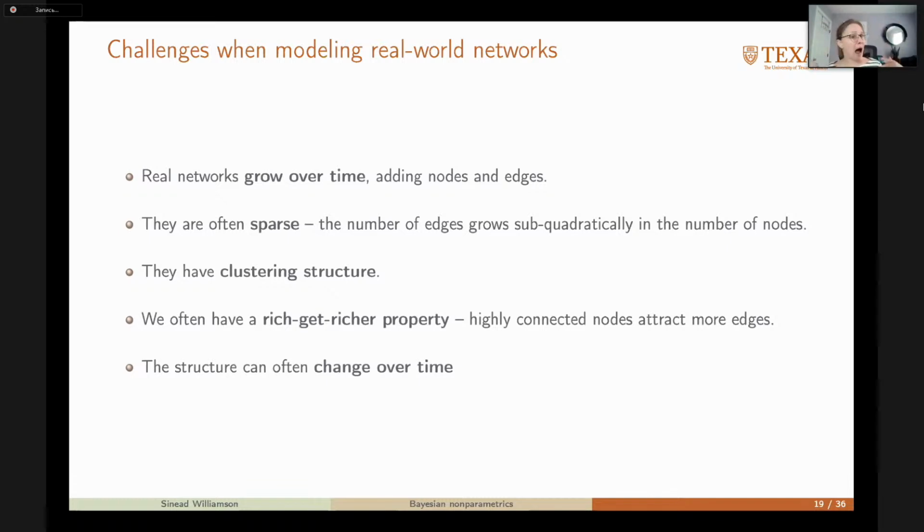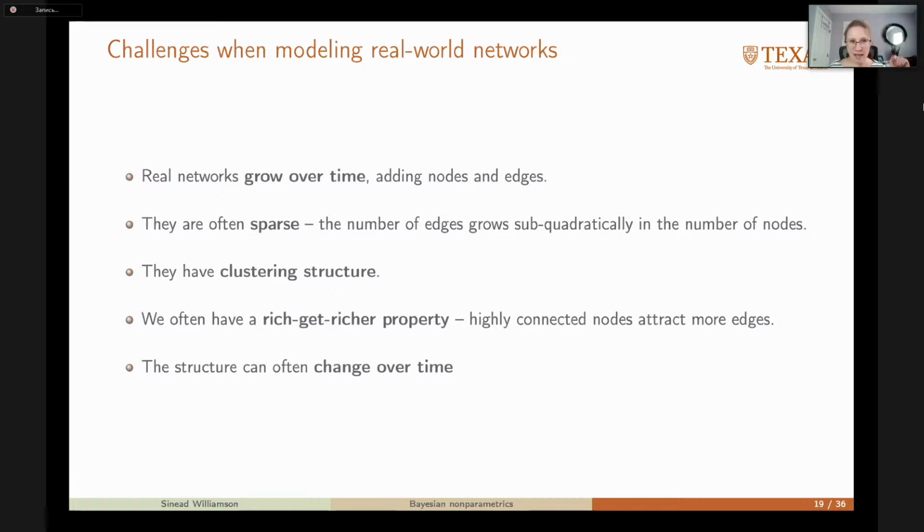And then the other thing is, networks have clustering structure. I am not following people randomly on Twitter. I'm following people who tweet about statistics and machine learning. And they have a rich-get-richer property, right? I tend to follow people on Twitter who have a lot of followers.